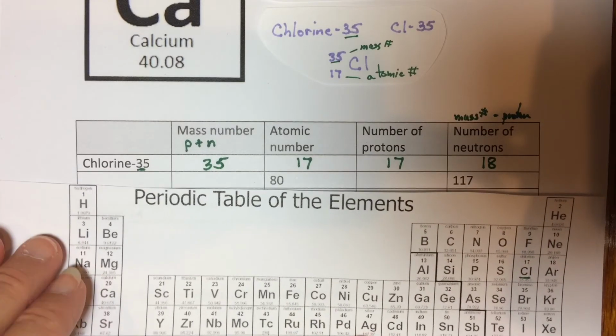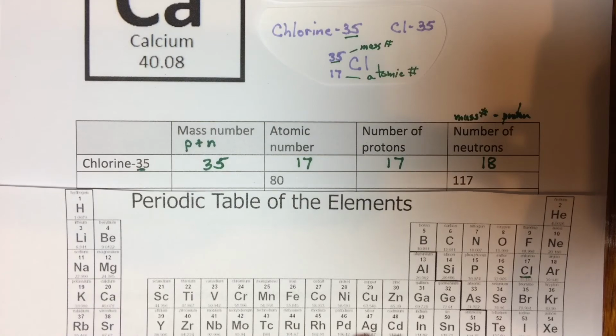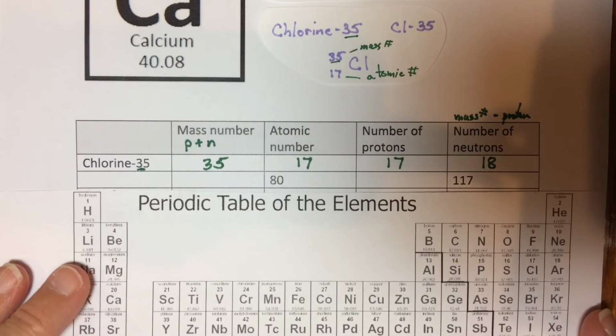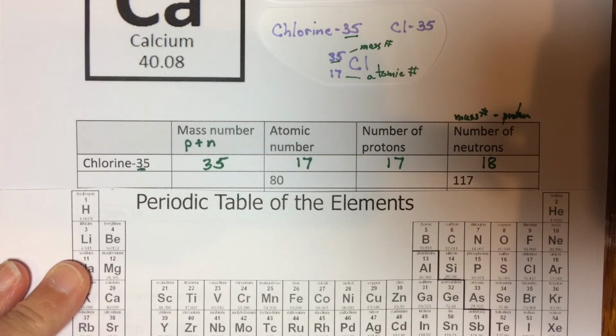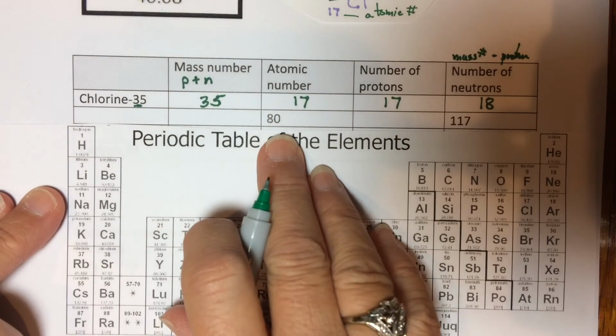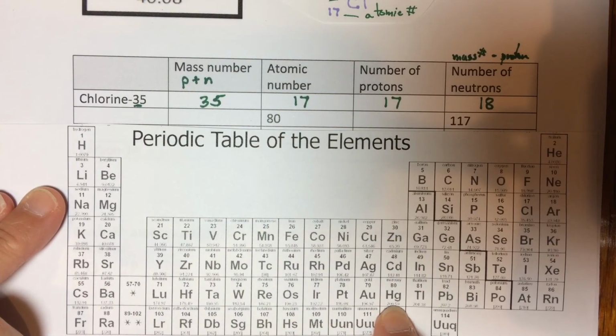Right, for the next one, they've not told us what element this is. I'm going to need to pull in another periodic table that has more elements on it. I had them cut off. But we have an atomic number of 80. So we can look on the periodic table and see that 80 is mercury here.